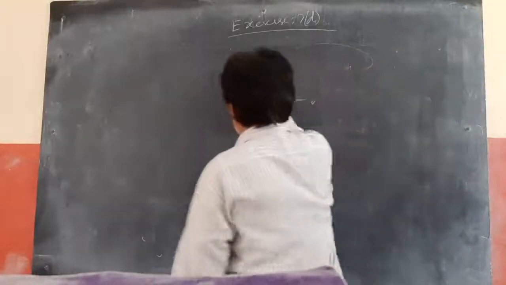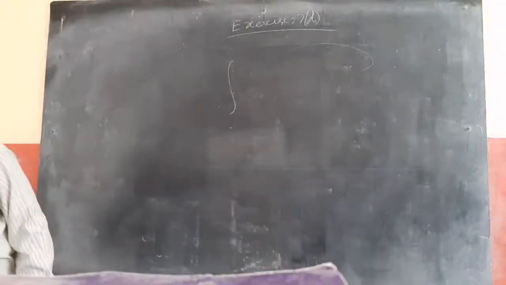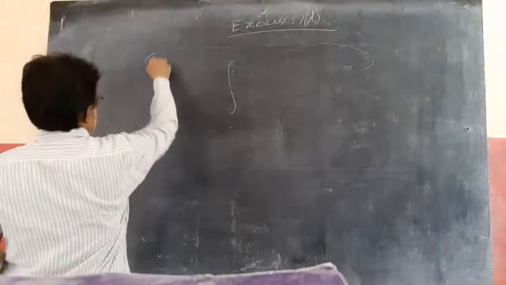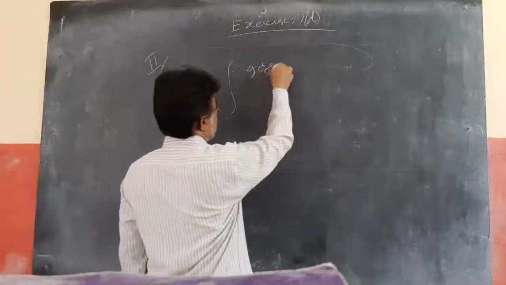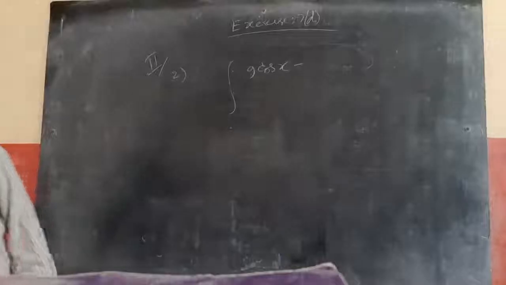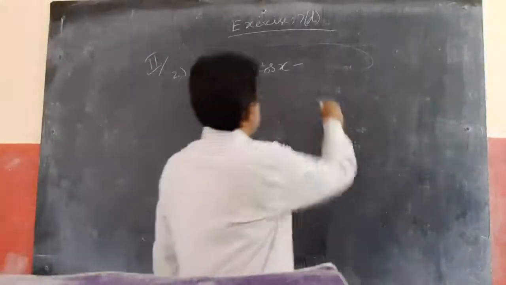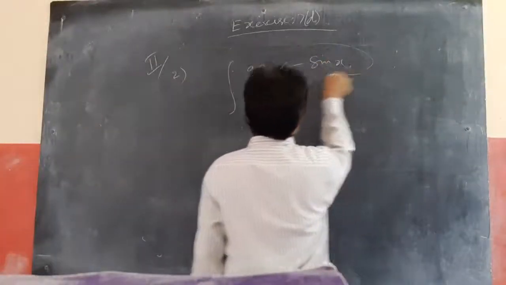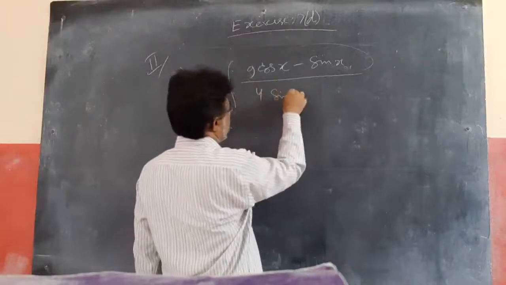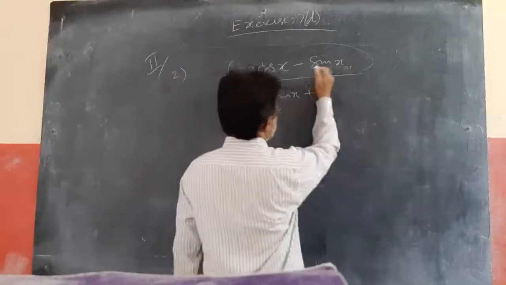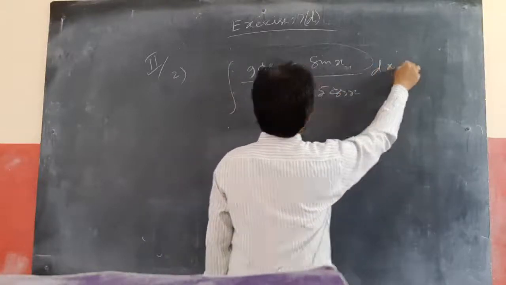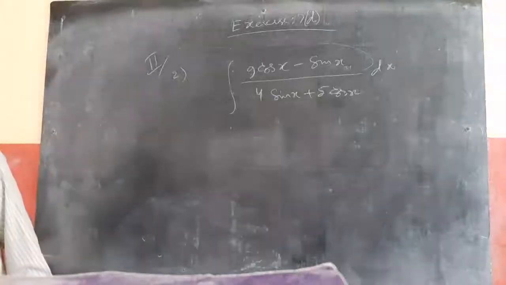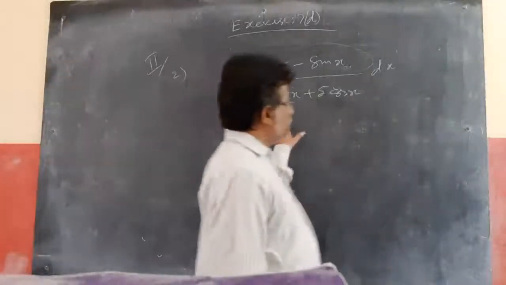In exercise 70, second row, second sum. Evaluate the integral of 9 cos x minus sin x by 4 sin x plus 5 cos x dx.